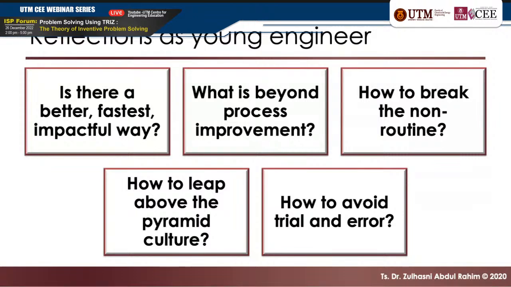Trial and error is an activity that wastes a lot of our resources, time, and energy. If we do trial and error, we need to repeat the process many times until it is able to reach the best solution.